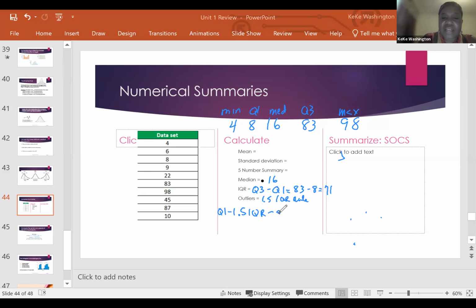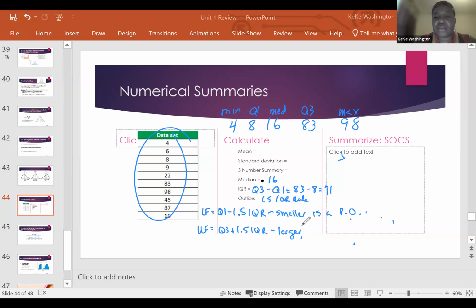Any data value that's smaller than this number is a possible outlier. That's called the lower fence. The upper fence says you take Q3 and add 1.5 IQRs. Any number larger than this number is a possible outlier.